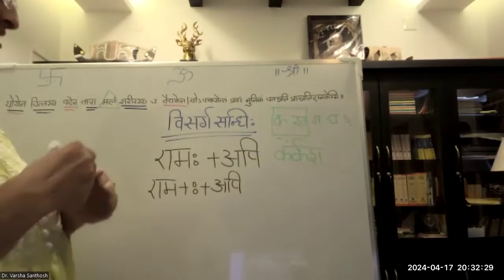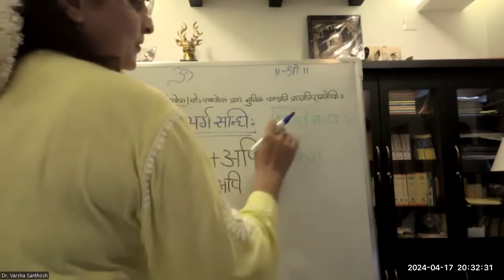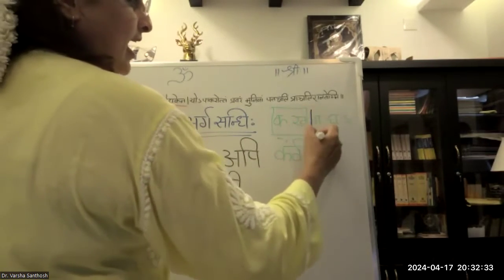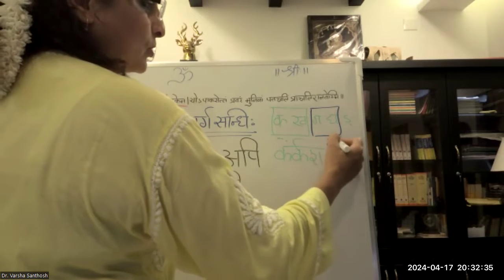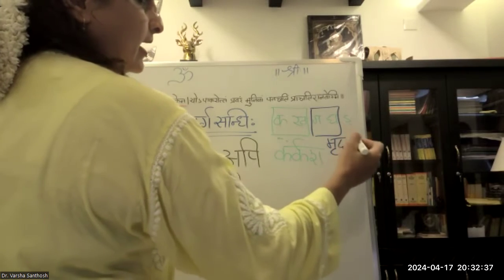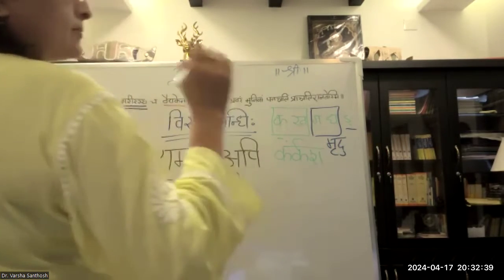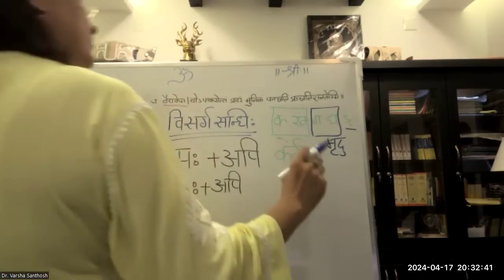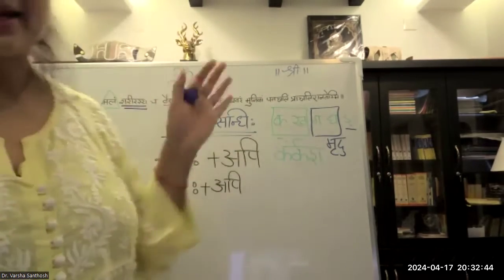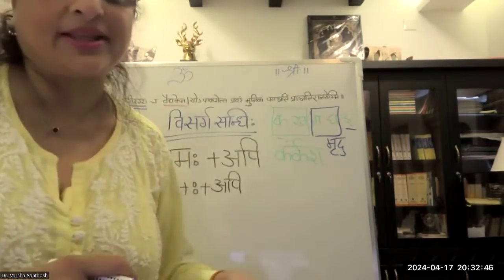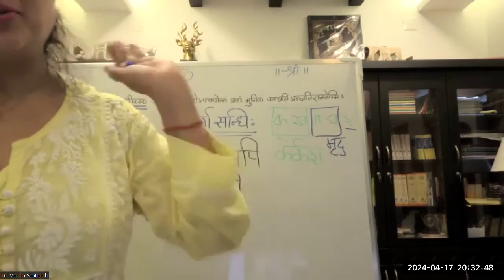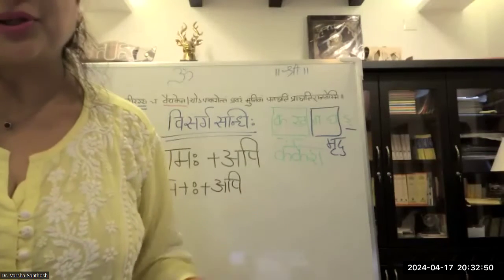Sorry about that. Yes. So Ka, Kha are Karkasha, and Ga, Gha, these are called Mrudu Vyanjan. And this is Anunasika. Sometimes in that rule, the Anunasika is also included. But we should know that in that chart, the first 2 are Karkasha Vyanjanas, and the next 2 are Mrudu Vyanjanas.